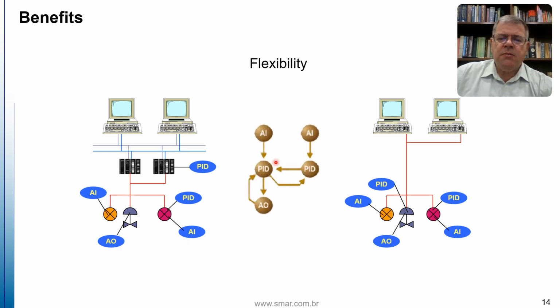And we can also, in our strategy, make sure to utilize all the blocks in the field devices, whether or not you have a PID. It depends on your design as well as your specific requirements. Thus, there is significant flexibility for developing the control strategy.